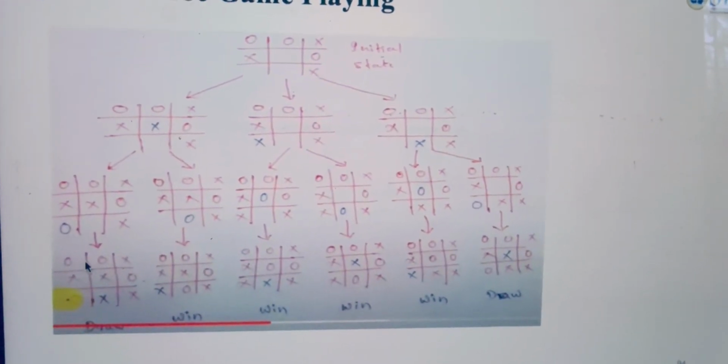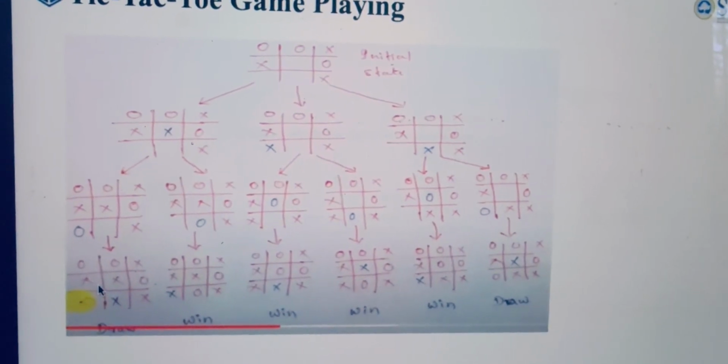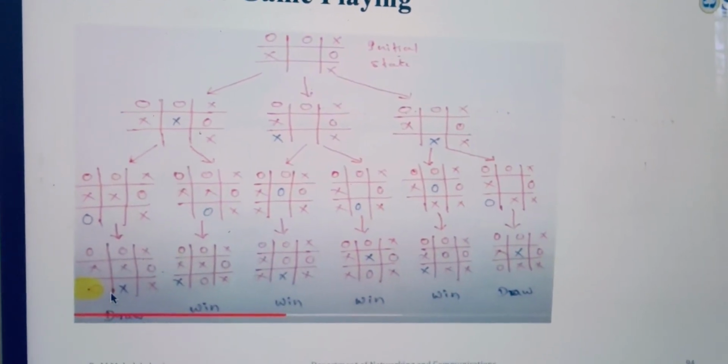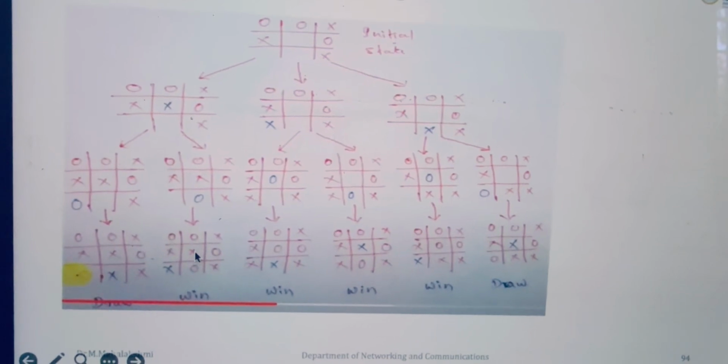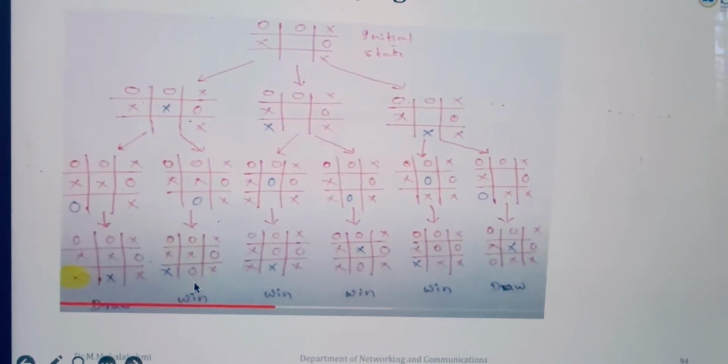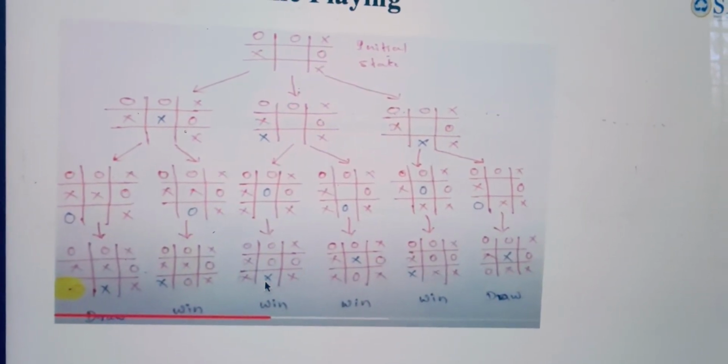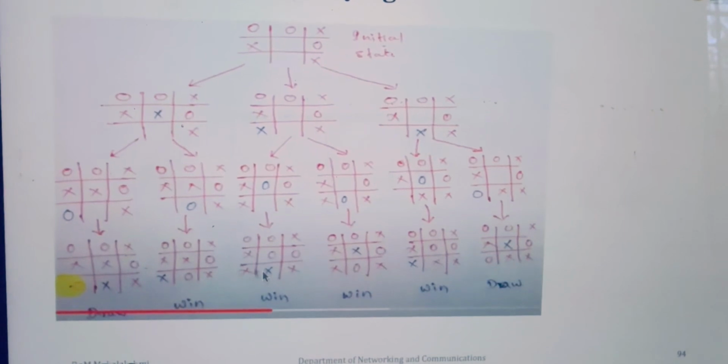Similarly O also. So neither O nor X is winning, so it leads to a draw. So this one, what does it lead to? Here, who's winning? No one is winning here.